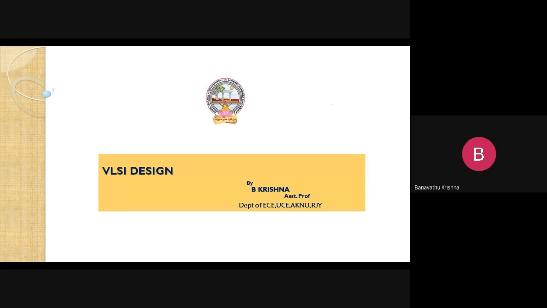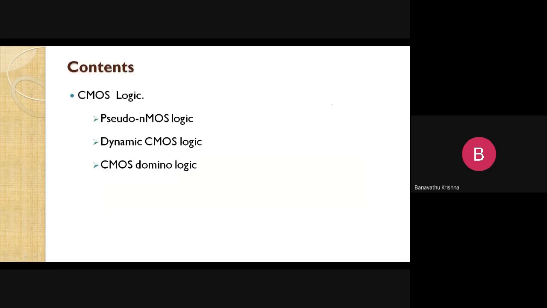Today I'm going to discuss other forms of CMOS logic, right? These are the points I am going to discuss: pseudo NMOS logic, dynamic CMOS logic, and CMOS domino logic. These are the contents of today's class. You know that basically we need a PMOS transistor and an NMOS transistor for the implementation of CMOS logic.